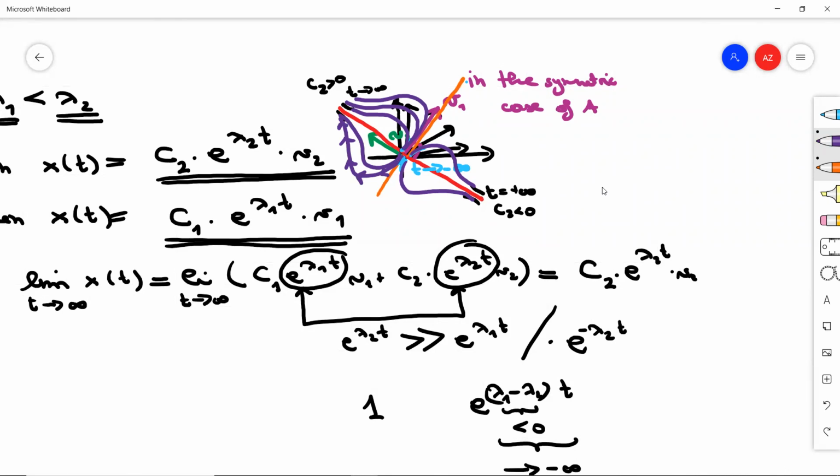Our asymptote will be the other eigenvector, so the red line, and the same for the other 4 possibilities. So we have 4 possibilities because we have 4 combinations of signs of C1 and C2. So C1 can be plus or minus, and C2 can be plus or minus. So we have 4 combinations, and it tells us in which of these quadrants we are.